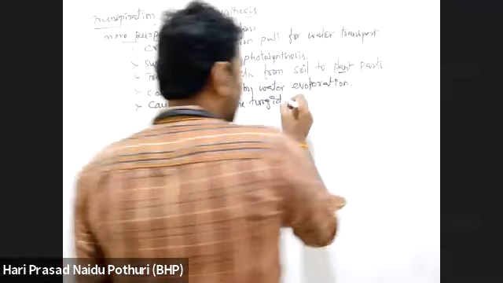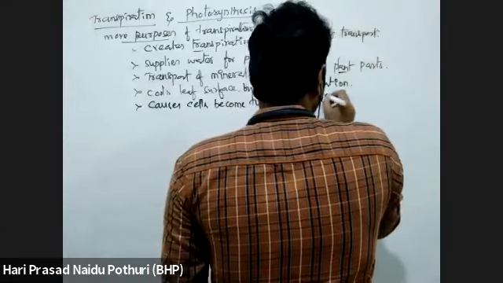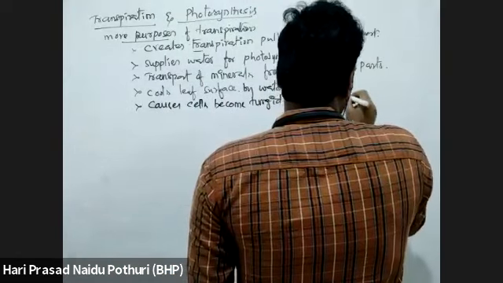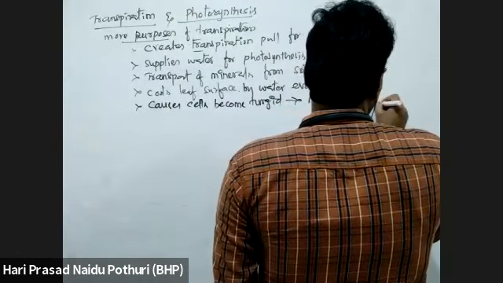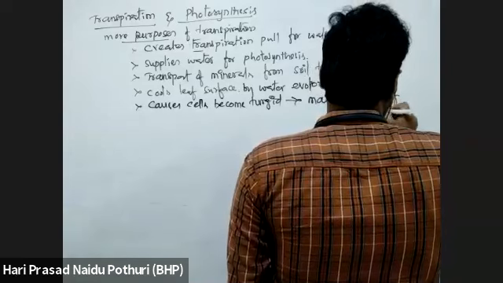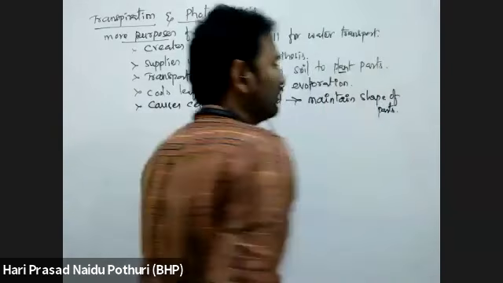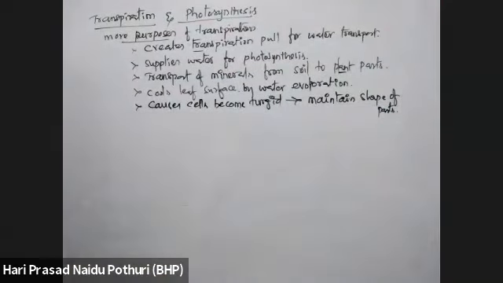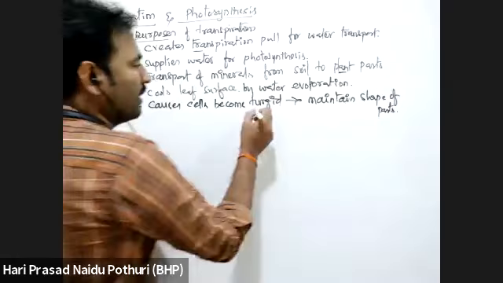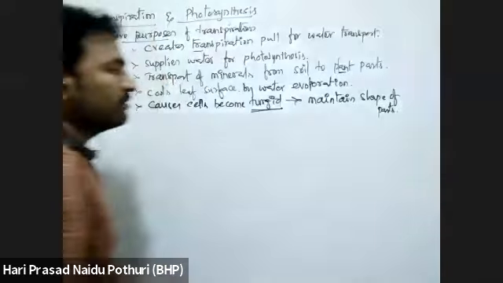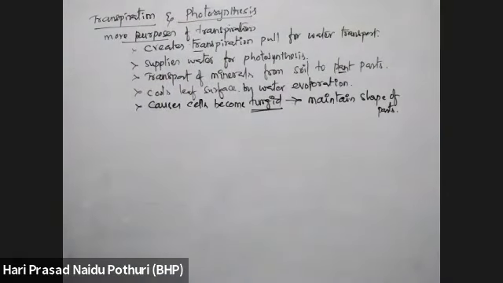As cells become turgid, they maintain the shape of parts of the plant. Plant parts are maintained in a particular shape with the help of cell turgidity. That cell turgidity is developed due to transport of water by the transpiration pull.